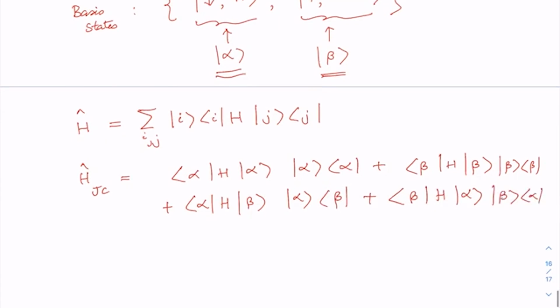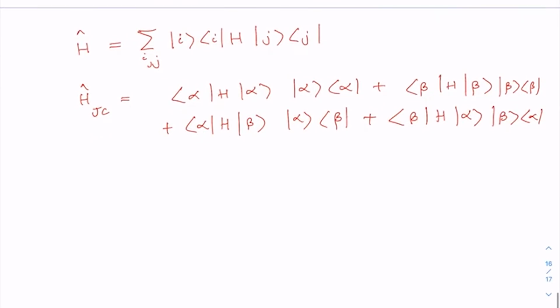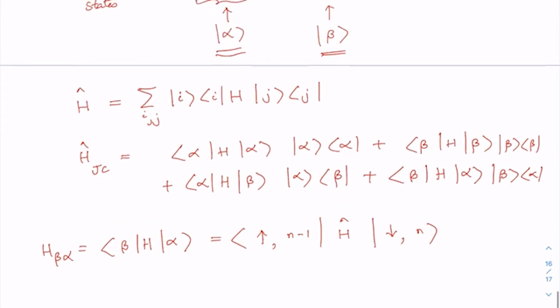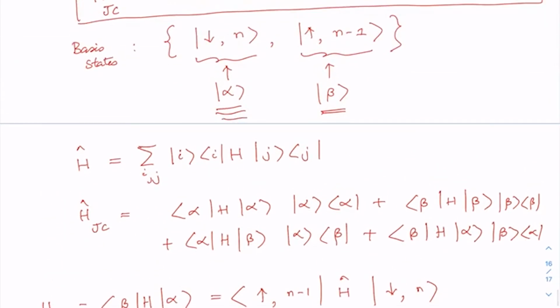So this, let us work out all these elements. Already we have worked out this element beta H alpha, which I can denote as H beta alpha, and beta we have taken as the up state of the atom and n minus 1, that's the field photons, and alpha as the down state of the atom and n, right? That's how I have taken my alpha and beta.